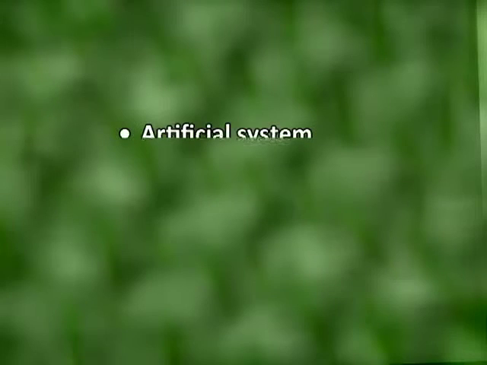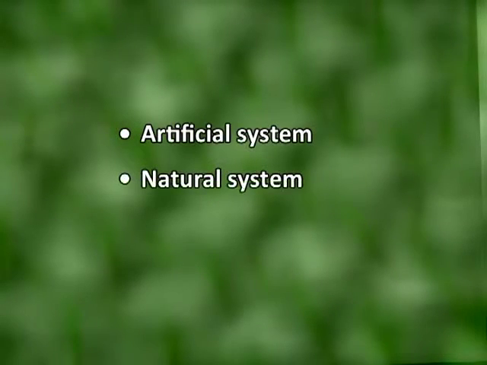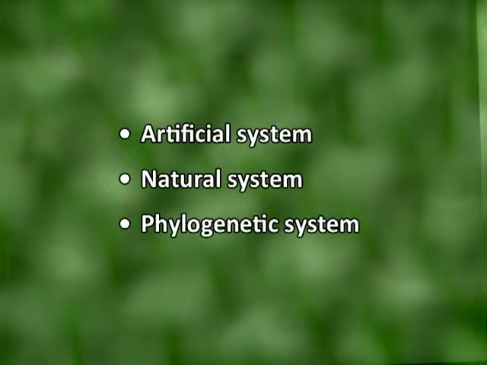Types of classification. The past taxonomic literature described 3 types of systems of classification. These include the artificial system, natural system, and phylogenetic system. However, Radford in 1986 has described a 4th type of classification, that is mechanical classification. Now, we will discuss them one by one.